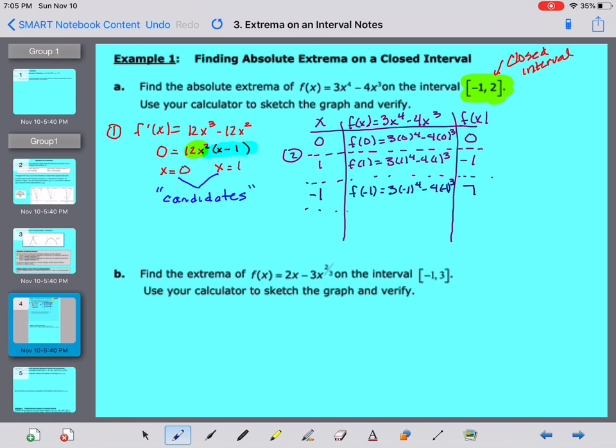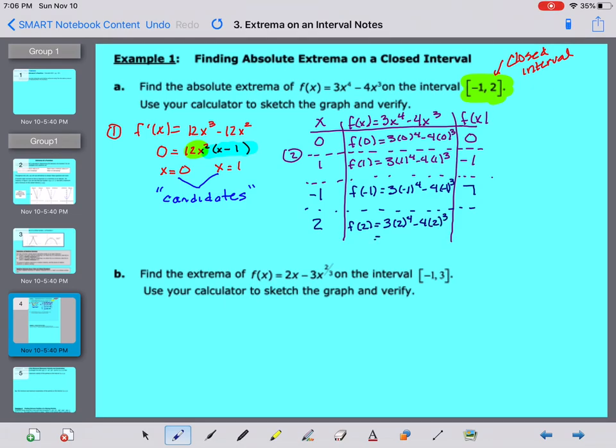Okay. So right now, that's looking to be my max, but I still have one more value. I'm going to take that 2 and also plug it in. So not only are we plugging in our candidates, but we're also plugging in our endpoints as well. Okay. So f of 2, plugging in, we get 3 times 2 to the 4th minus 4 times 2 to the 3rd.